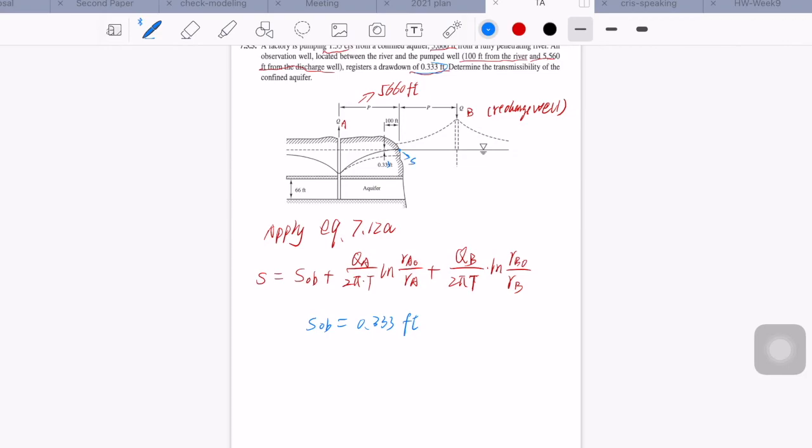So S should be equal to 0 feet. And from the problem, we know the QA should be equal to 1.55 CFS, and the QB should be equal to negative 1.55 CFS, since the well B is a recharge well.